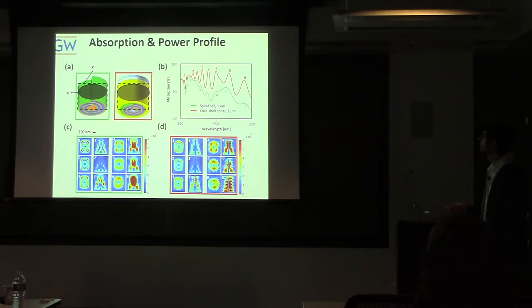Each of these peak values, 1, 2, 3, 4, 5, 6, is the modal profile for 1, 2, 3, 4, 5, 6, right? The disk is the cross-sectional mode profile, and the dashed rectangle is the longitudinal mode profile.